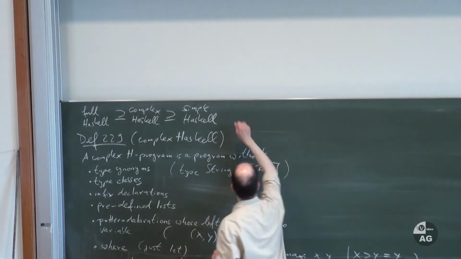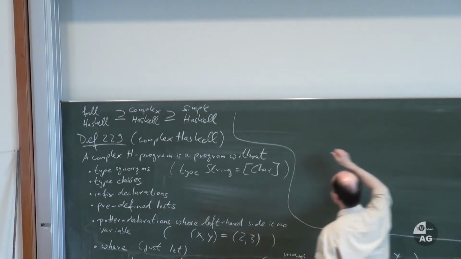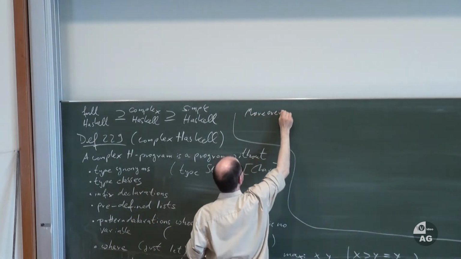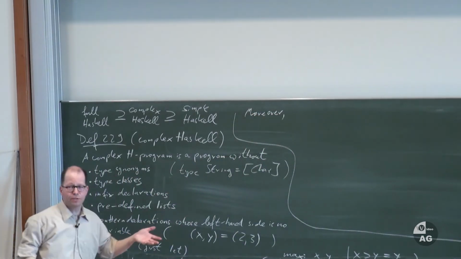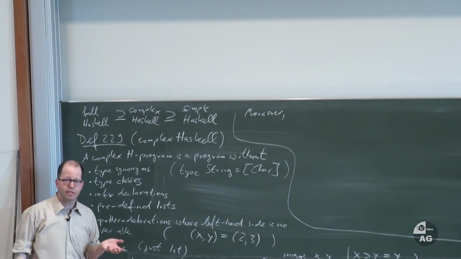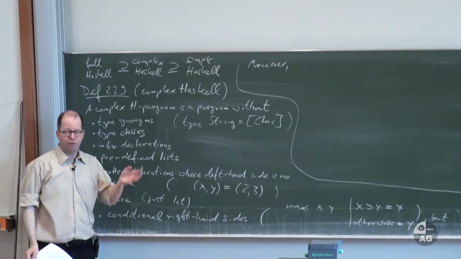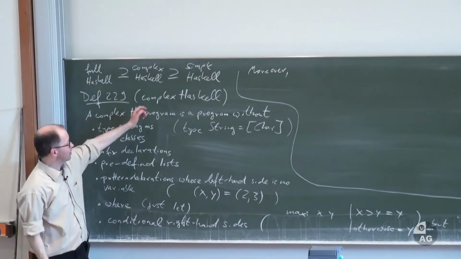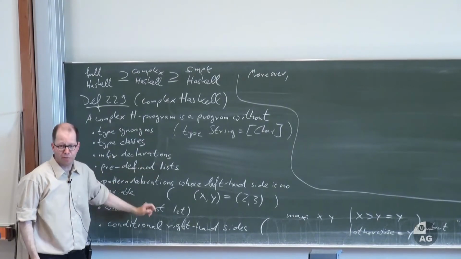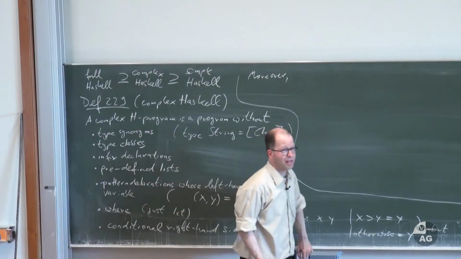And the last restriction is also just a syntactical one. I mean, a Haskell program consists of lots of declarations, and we require that these declarations are ordered in such a way that all declarations that belong to the same function follow each other. So it's not okay to have one declaration for function f, then one for g, then another one for f, then another one for g. I mean, that looks extremely ugly, and people never write something like this.